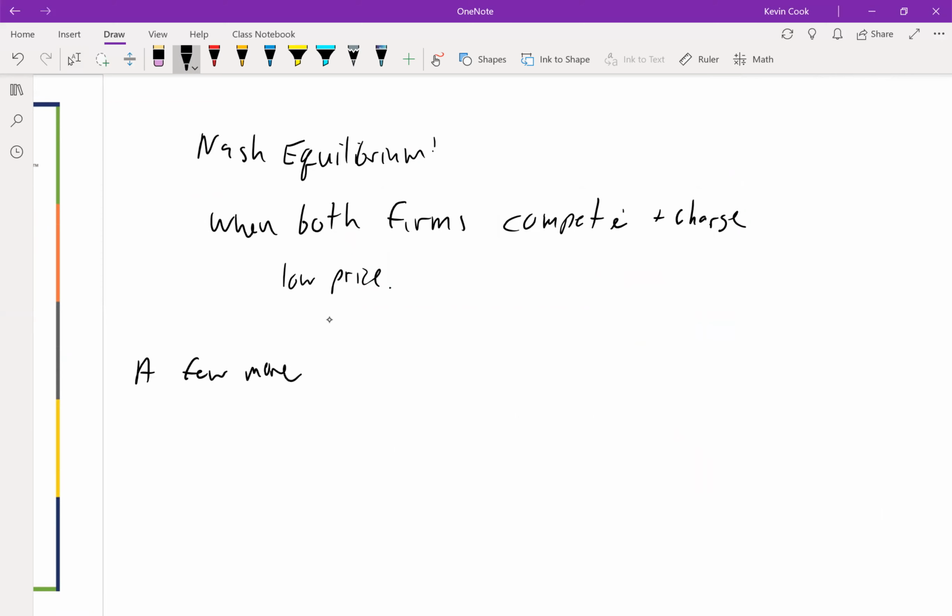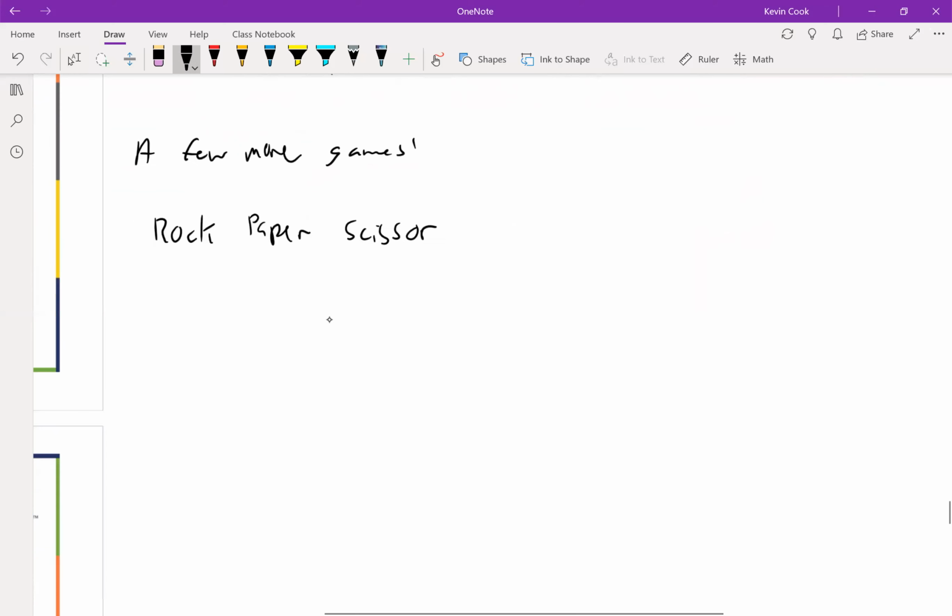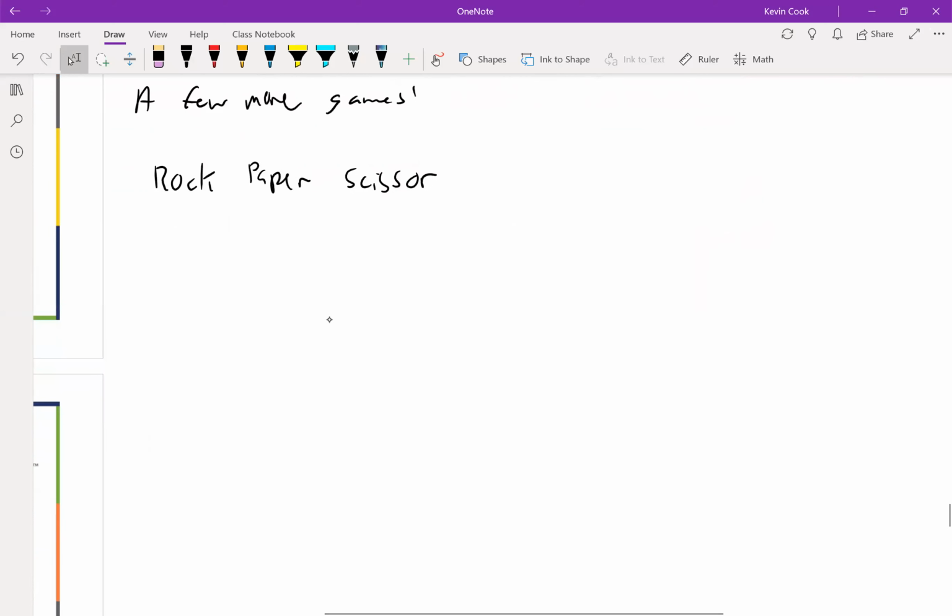And these are, again, not super real. Well, one of them is rock, paper, scissors, but a couple more games before we get into our applications. So the first thing I want to look at is a game of rock, paper, scissors. With rock, paper, scissors, we're going to have two players, player one and player two. Each player has a choice to pick either rock, paper, or scissor.